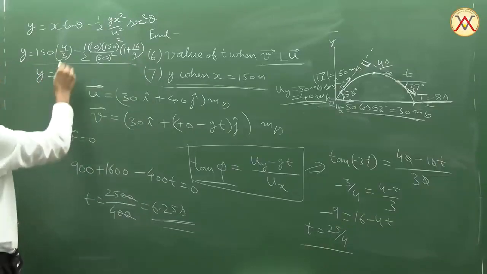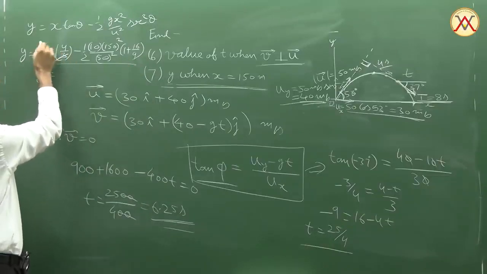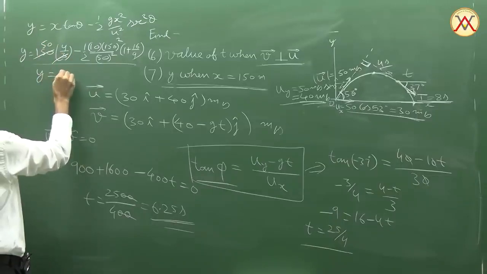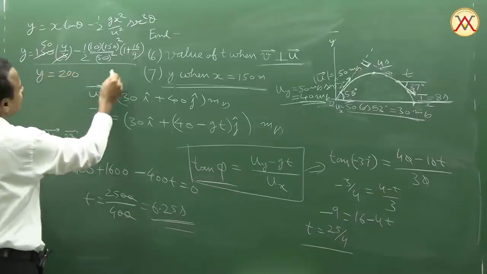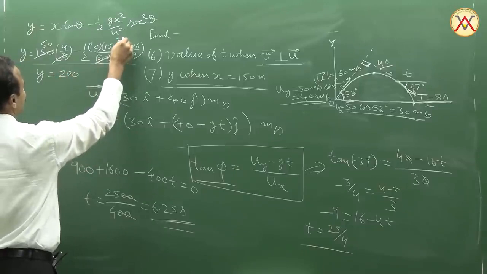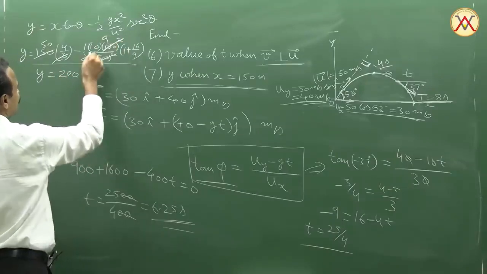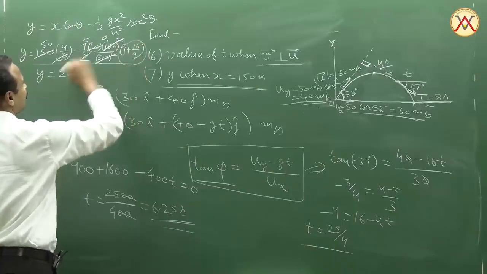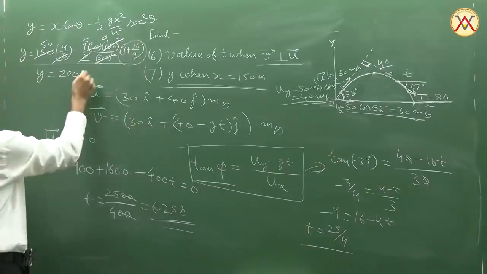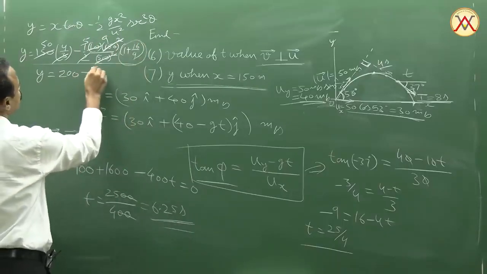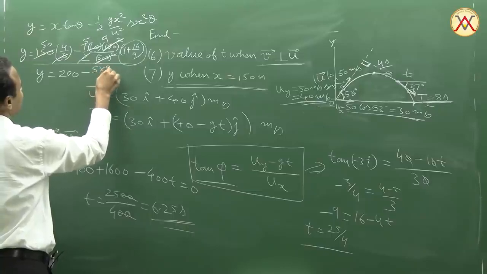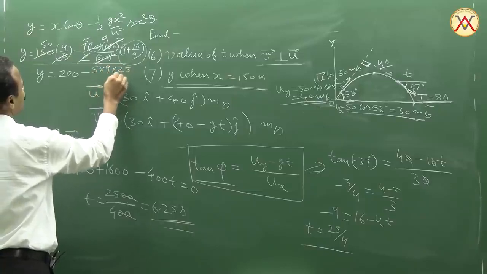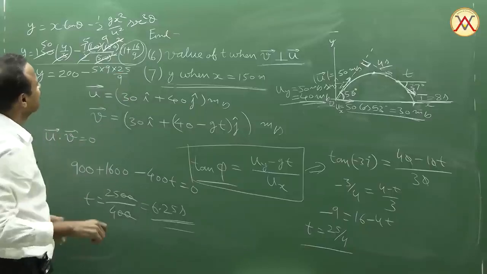Alright. So how much will it be? This becomes 50, so the first term becomes 200. Here I can cut 50 square and 150 square, I get 9 on top here. This gets cancelled, so it is 5. This part will be 25 by 9. So minus 5 into 9 multiplied by 25 by 9.